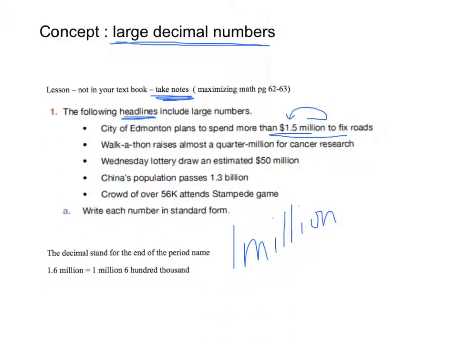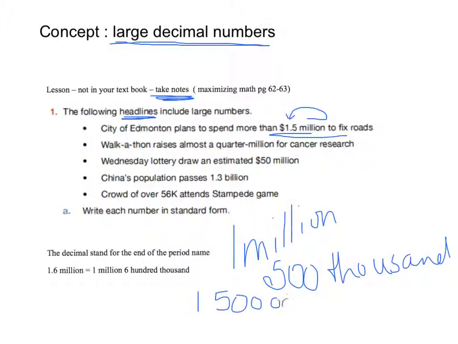So the next part, of course, is the 100,000, so it would be 500,000. So as a number, it would be 1,500,000.